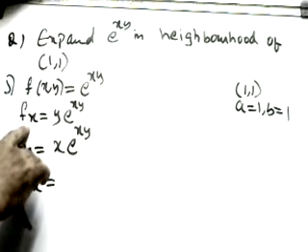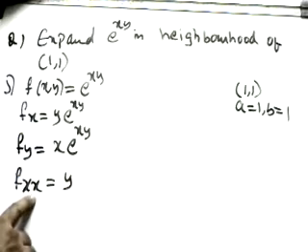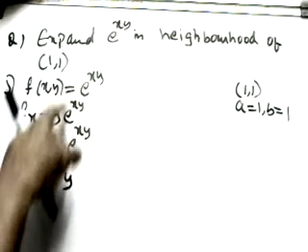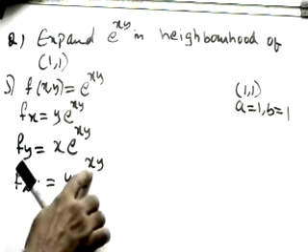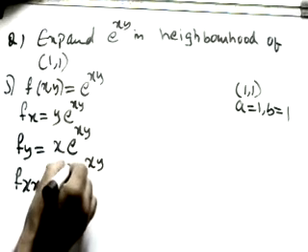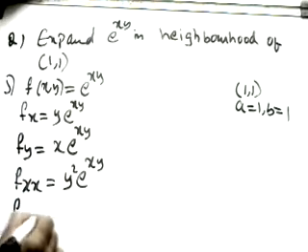Next is fxx, the differentiation of fx with respect to x. You write y as it is, because it is constant. Now d by dx of e power xy, again we have to differentiate xy. d by dx of x is 1, 1 into y is y, so this will become y square.